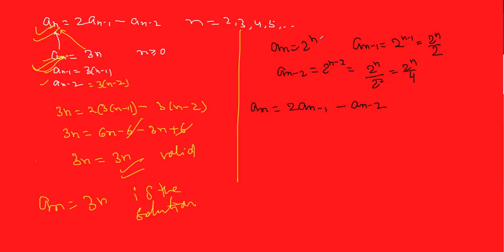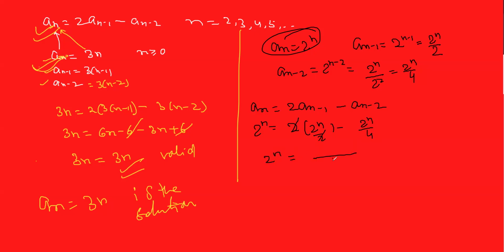So put a n. A n is what? 2 to the n. A n minus 1 is what? 2 to the n upon 2. And this is 2 to the n upon 4. Right? 2 cancel.